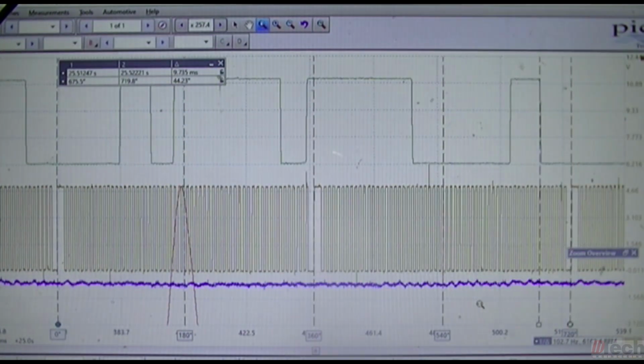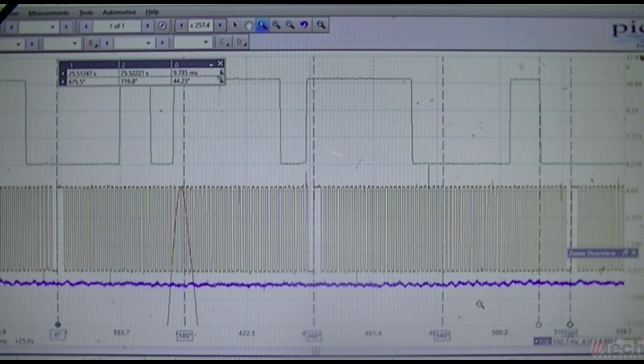Up top is the intake cam sensor, and first we are going to be looking at cylinder 5 at a stable point in idle with no solenoid activation.